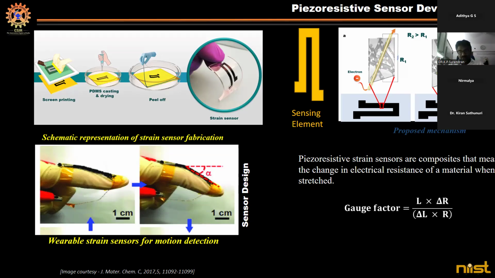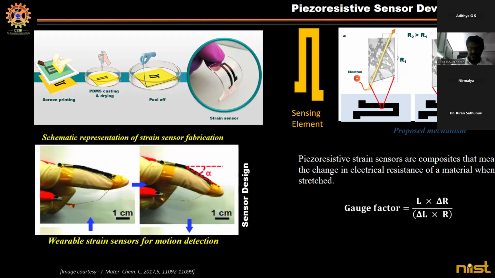At a higher bending angle, it shows higher electrical resistance. When it is bent in the opposite direction, instead of a fall in conductivity, an increase in conductivity is observed, because more and more electrically conductive elements come into contact. So that means we have to find a parameter which is called the gauge factor.